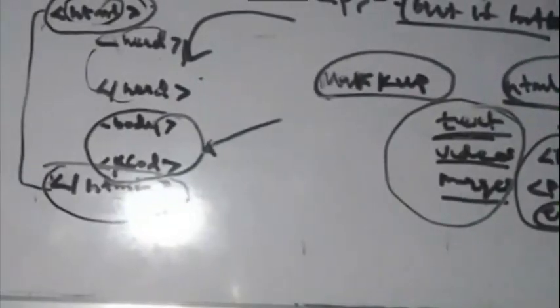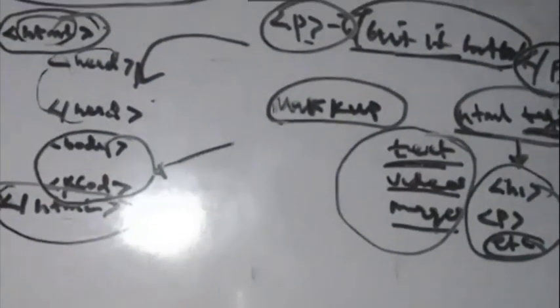So if you write a paragraph, for example, you surround the paragraph with an opening and closing tag. Assuming this is HTML. So this is now a text.